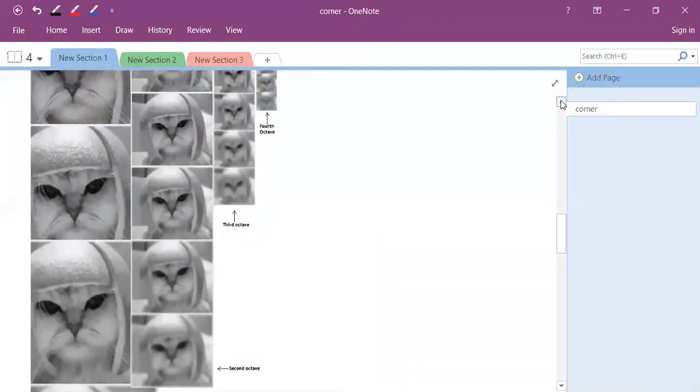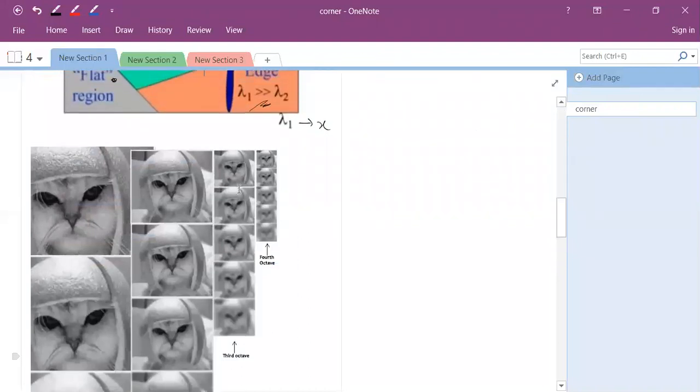In the third octave, the scaling is much smaller and the blurring is higher. In the last octave, the fourth octave, the scaling is very small and the last image of this octave is very blurred. According to that, you have to apply the Gaussian filter and the scaling of the images.